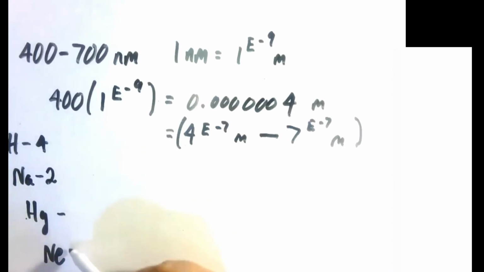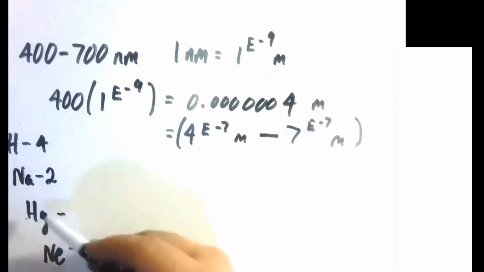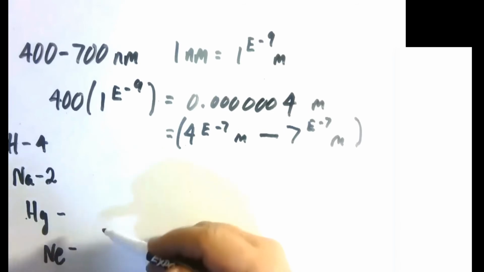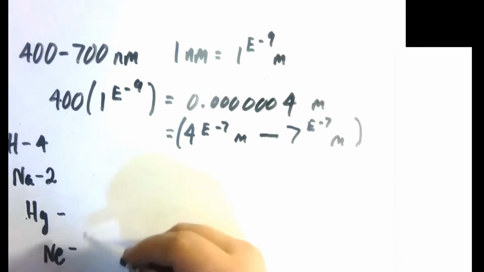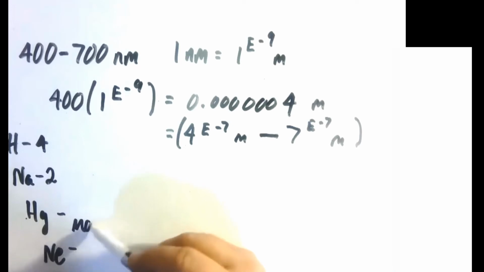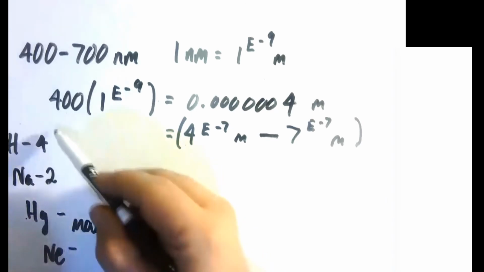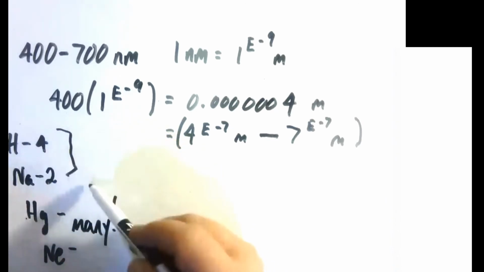Now, I actually haven't bothered to count, but both mercury and neon have many. I don't need you to plot them all. Plot the ones that are most dramatic. But I don't care how many you plot here. There will be many of different colors, but just plot them on the paper. You won't be asked to do any math. The math will be that you need to do the 4 hydrogens and the 2 sodiums.